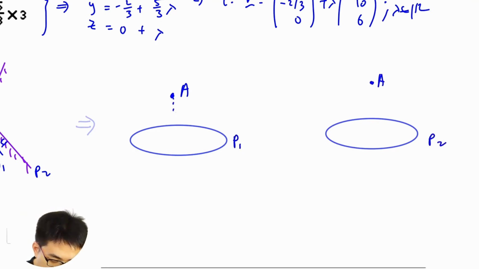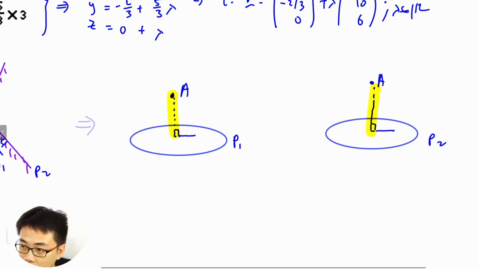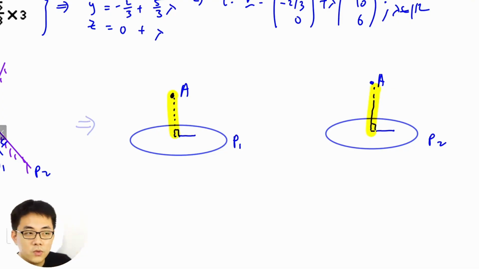The shortest distance from A to plane 1 must be equal to the shortest distance from A to plane 2, in order for it to be equidistant. Equal distance just means same distance.